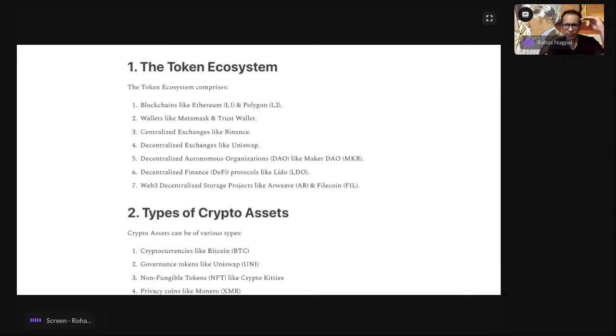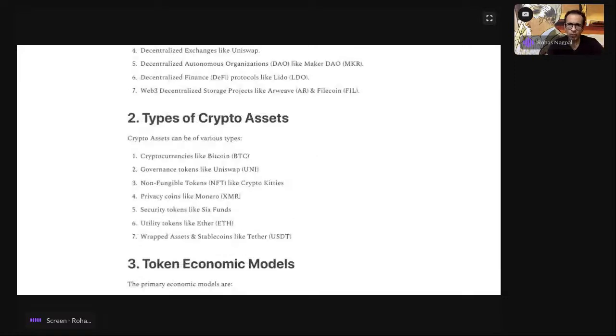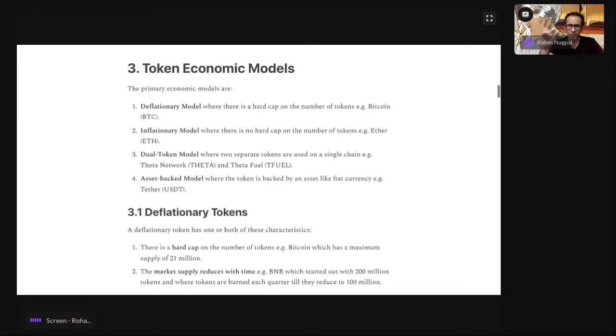And then we can see that crypto assets can be divided further. There are cryptocurrencies, which you use as a medium of exchange, governance tokens, NFTs, privacy coins, security tokens, which represent shares, utility tokens, and wrapped tokens or assets or stablecoins. These are the common 7 types of crypto assets. And when we talk about inflationary, deflationary, and all that, those come under the token economic model.